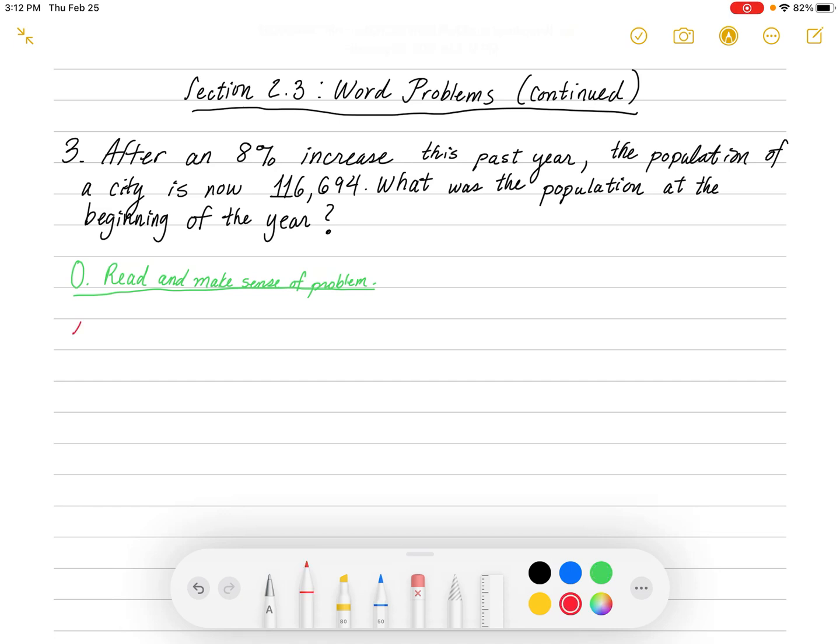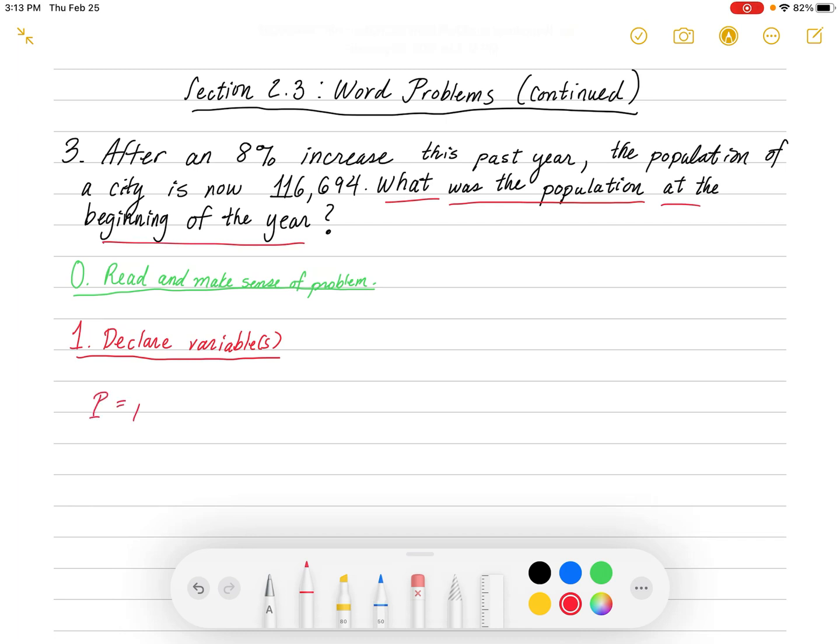So here we want to declare our variables. So step 1, we want to declare the variables. What quantities are we trying to find that are unknown? It turns out there's really only one thing we're trying to find here, and that is the population, right? What was the population at the beginning of the year?